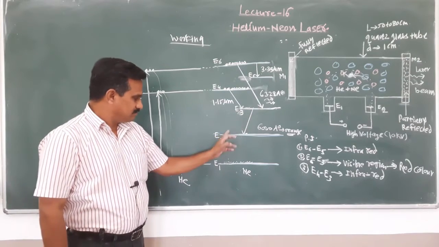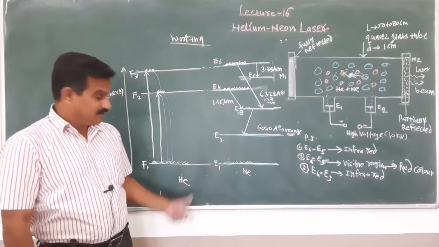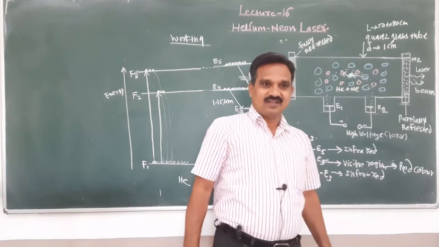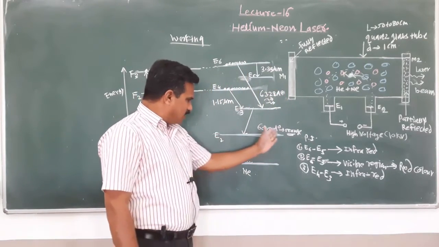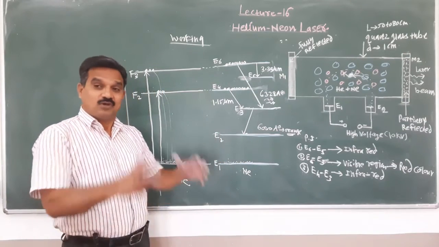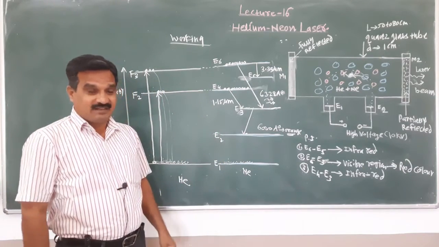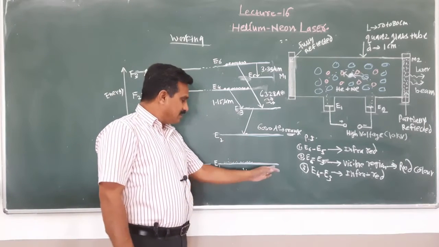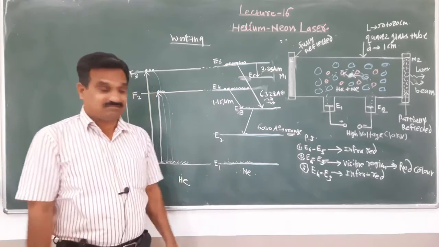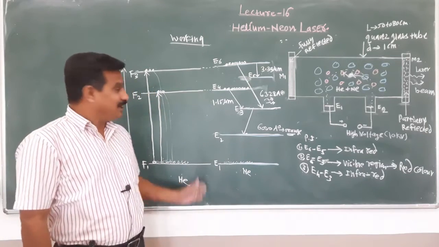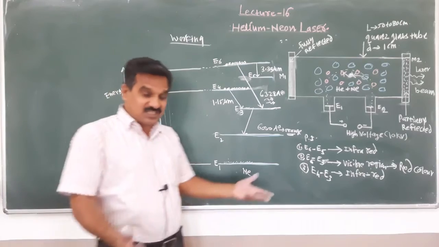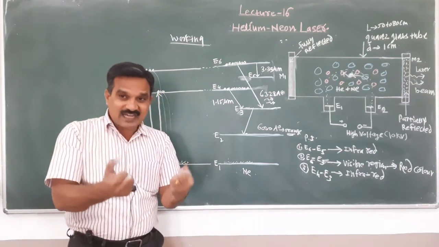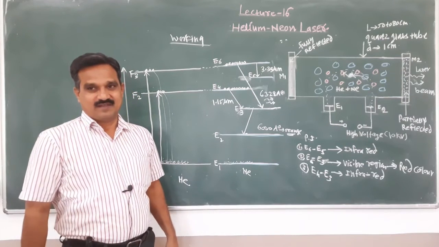The next one: E2 is again a metastable state. It means that neon atoms accumulate here, and if no atoms are in the ground state, how will the process continue? It is necessary to bring those atoms to the ground state. How will you do that?